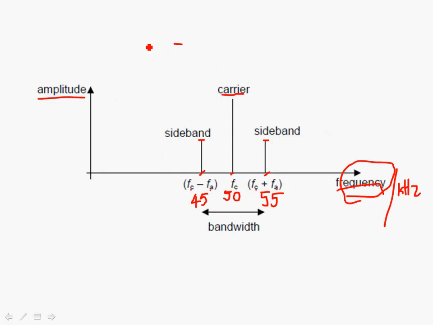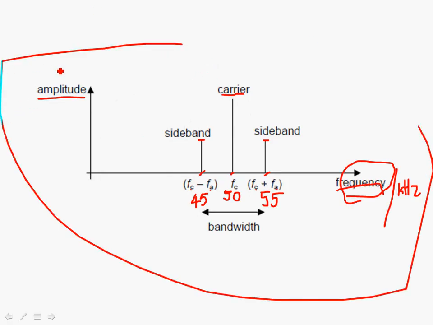So to convert from this graph to this graph, the mathematical transformation is called the Fourier transform. If you do engineering, when you go to a higher level, you're going to learn about the Fourier transform. What the Fourier transform does is change things from the time domain into the frequency domain, or vice versa.